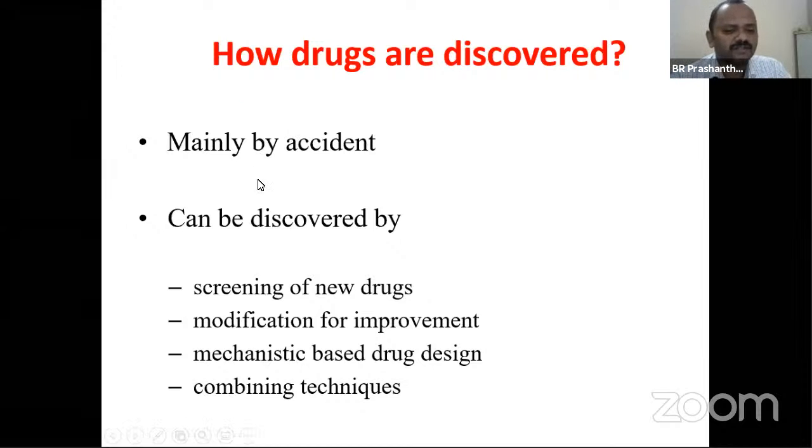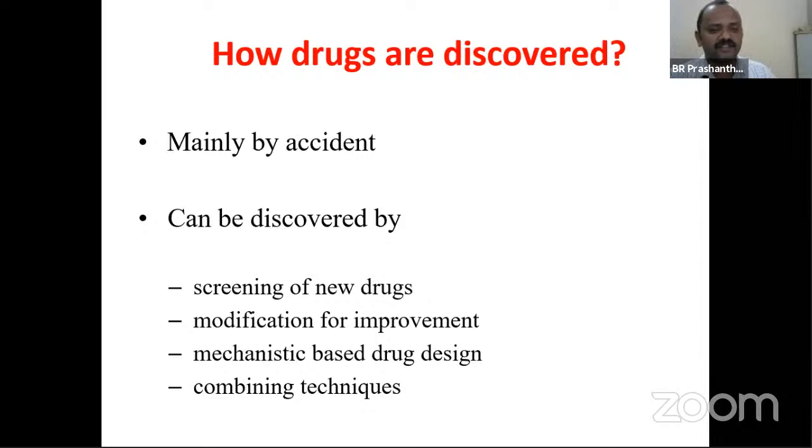But you can see that drugs can be discovered mainly by screening of new drugs. Instead of saying screening of new drugs, we can say screening of new ligands. Ligands bind to receptors, and these ligands can be of diverse libraries.